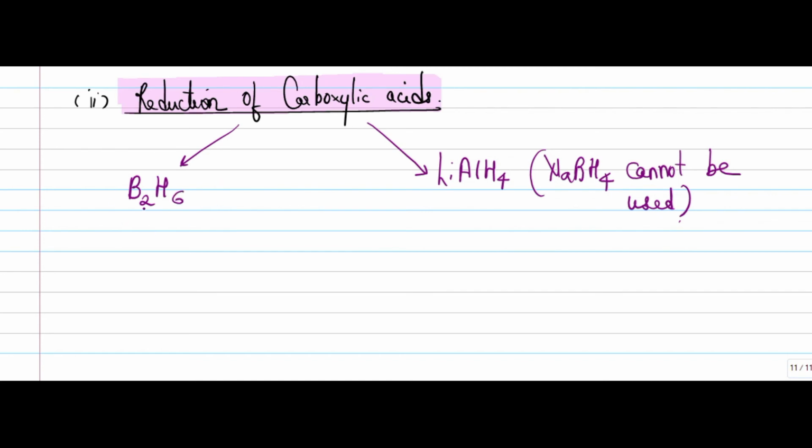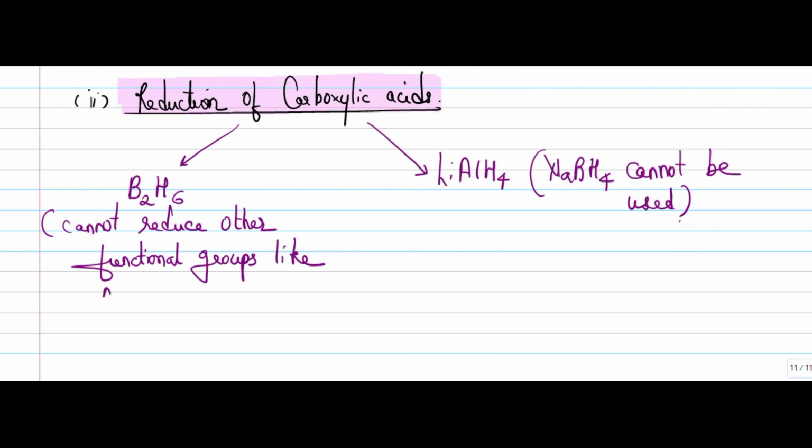Diborane is more specific in reducing carboxylic acid, and here we write that it cannot reduce other functional groups like nitro, halo, esters, etc. easily.